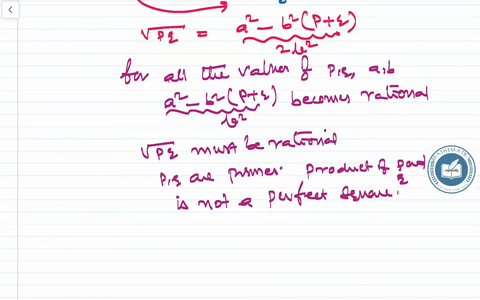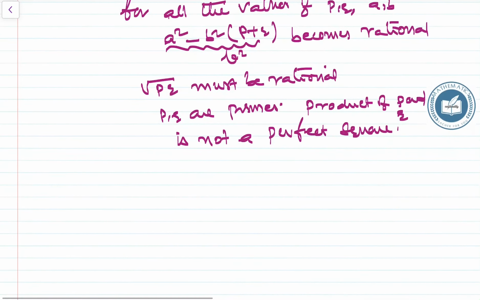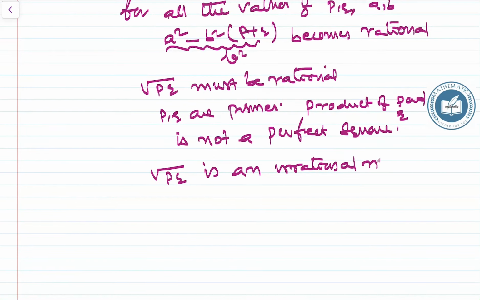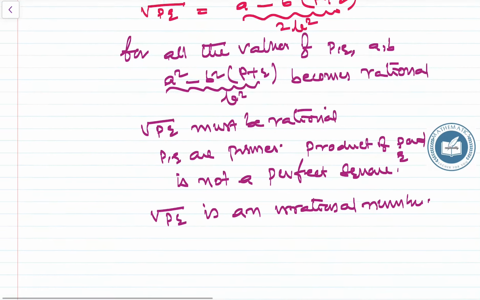It is not a perfect square, meaning you can't express it as the square of any other number. So therefore root pq is an irrational number.